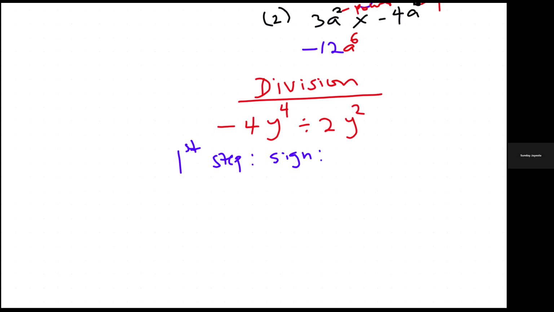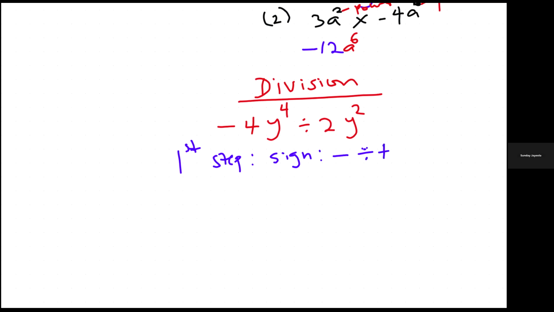Our sign here is negative divided by positive. You can see the sign here is negative, and the sign here is positive. So that's going to be negative divided by positive.